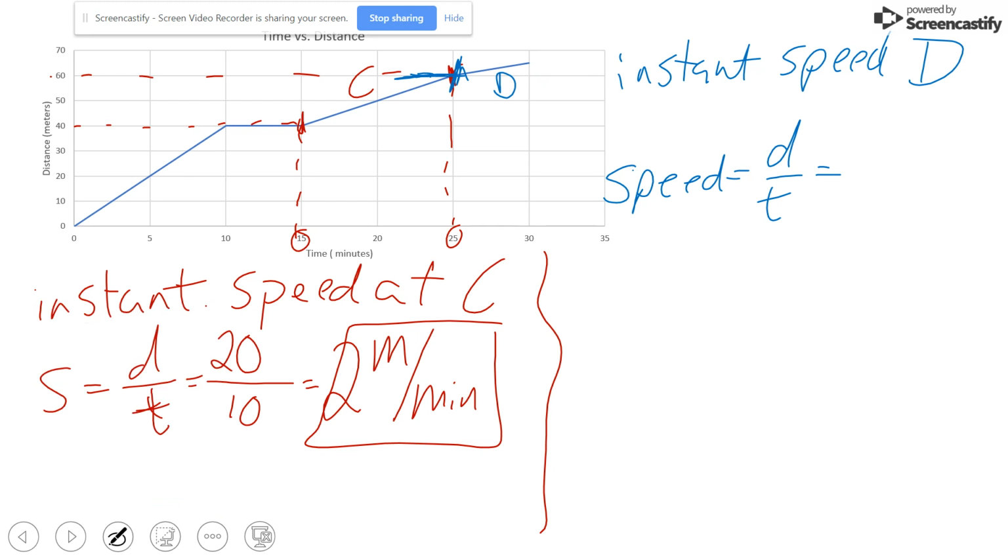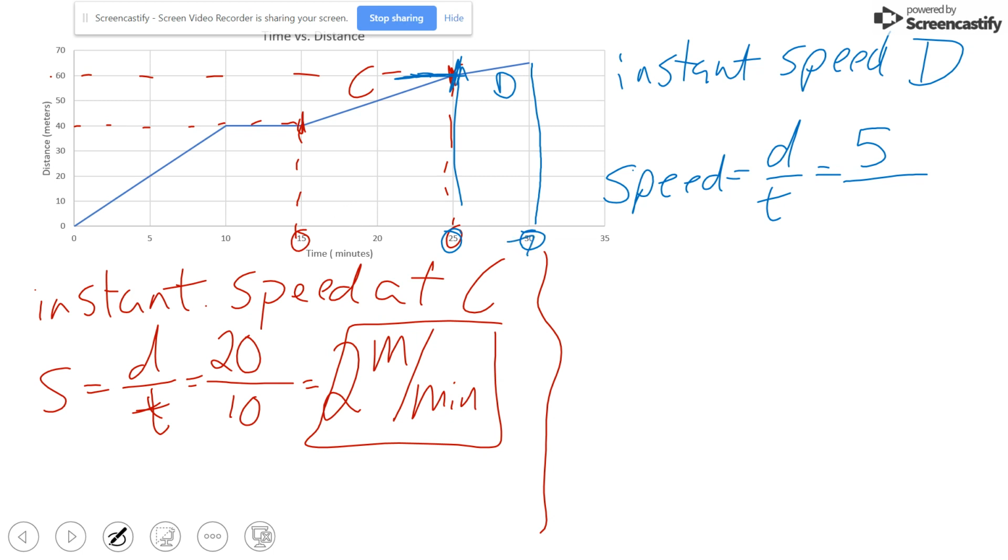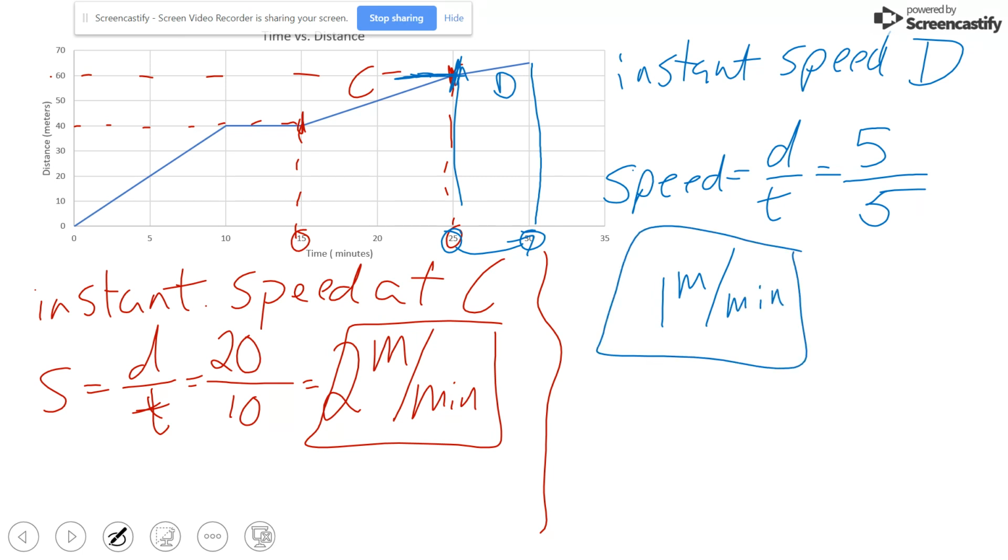Our line stops right in between 60 and 70, so we can call that 65 because it's pretty much right in the middle. That's what we'll estimate it at. So our total distance is 65 minus 60, which is 5. And below, we're going from 25 to 30. That's another 5 minutes. So our speed for this one is 1 meter per minute.